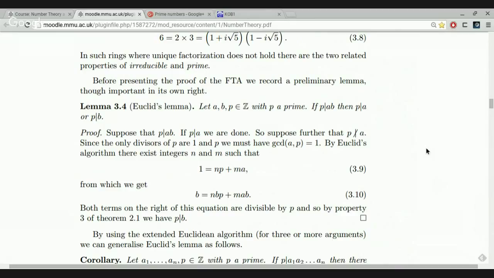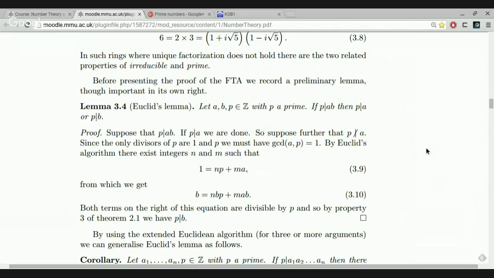So, if you've got any 2 integers a and b, and a prime number that divides the product, then it must divide either a or b. It might divide them both, but it must divide at least one.